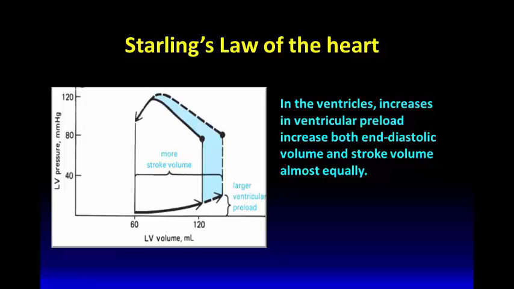So more stroke volume is ejected from the left ventricle into the aorta as the left ventricle gets filled with more blood in the diastole which precedes systole.